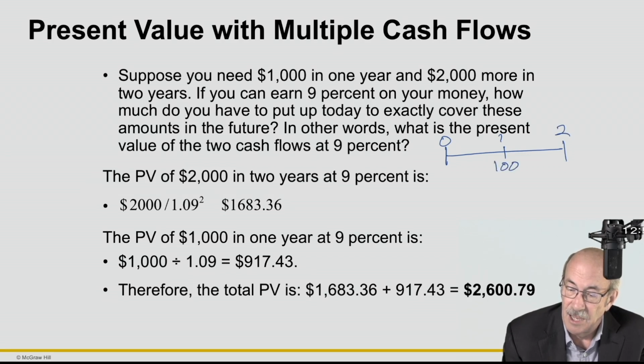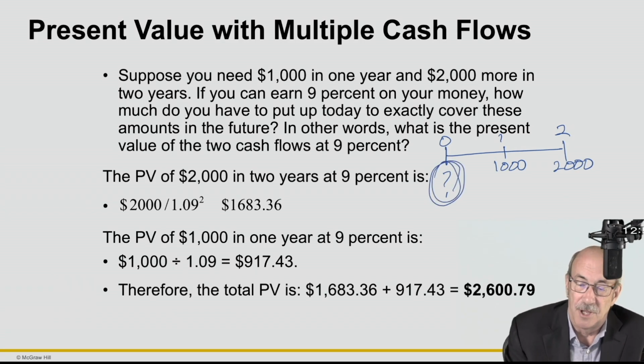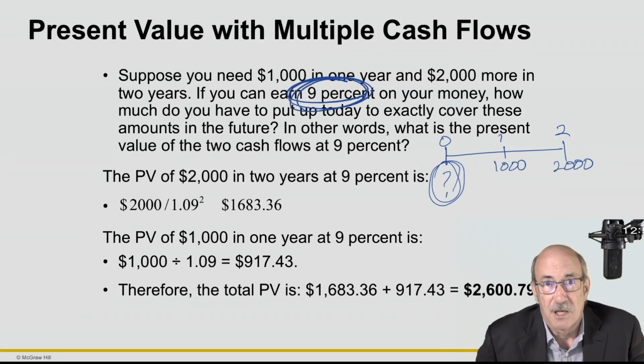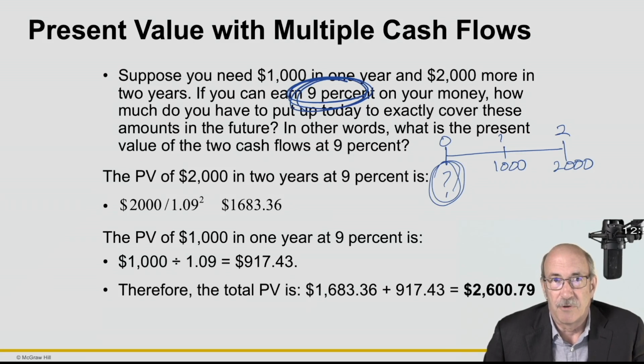We would like to have $1,000 here, and we would like to have $2,000 here. And the question here is, how much do we have to put in an account that earns 9% annually, compounded annually, to have both of those payouts over the course of our investment here?